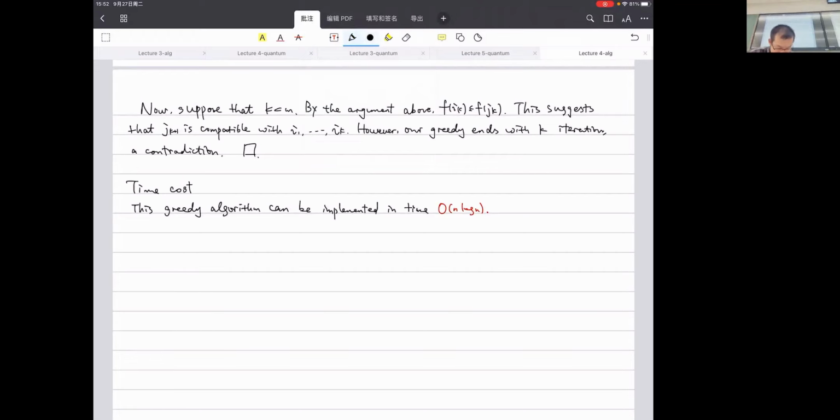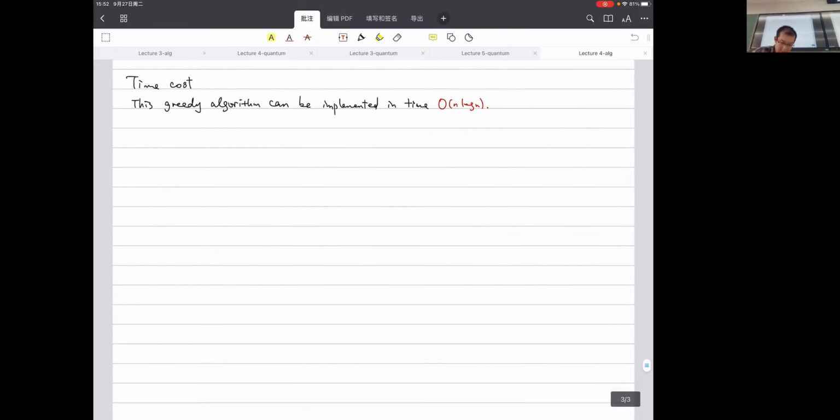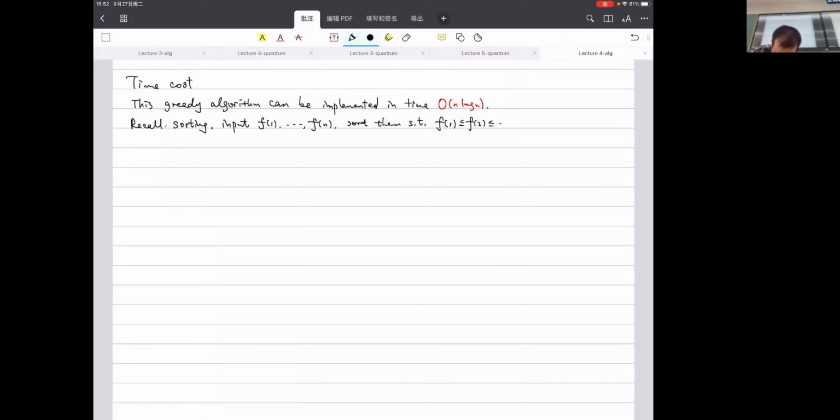Recall sorting. Let's say the input is F1 to Fn. We sort them, giving a rearrangement of the ordering, such that F1 is smaller than F2, and so on.